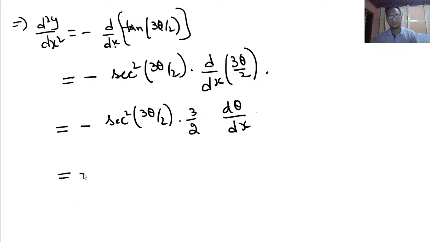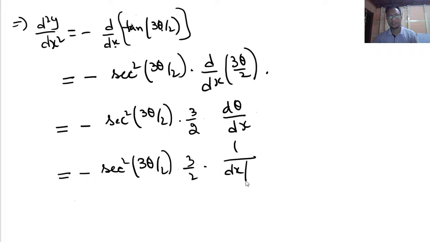This is sec square 3 theta by 2 and then 3 by 2 into d theta by dx, which I will write as 1 by dx by d theta.